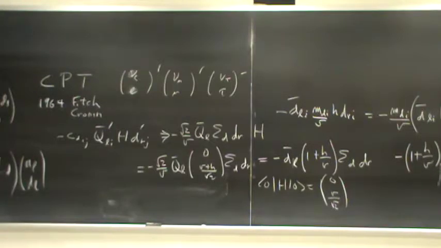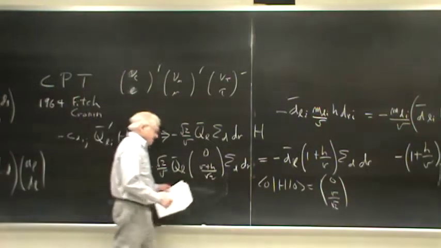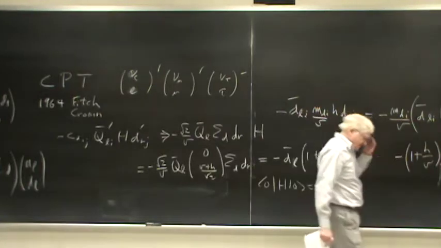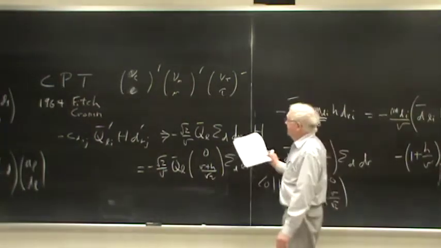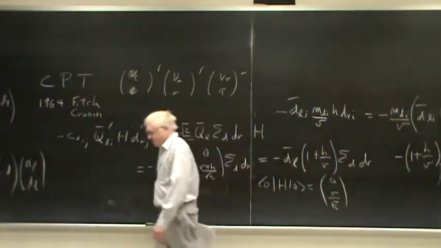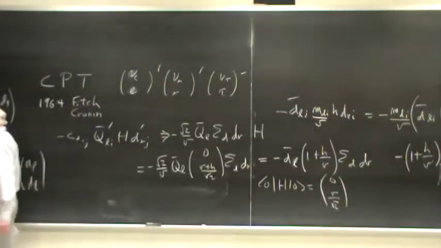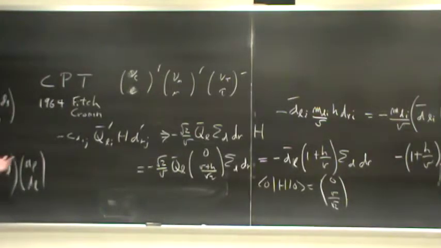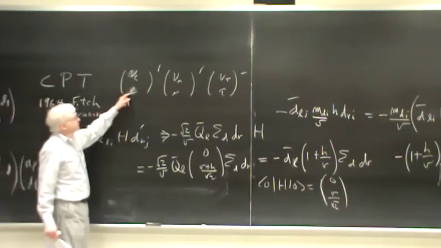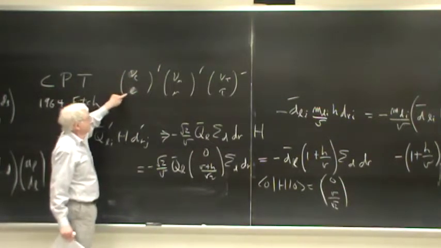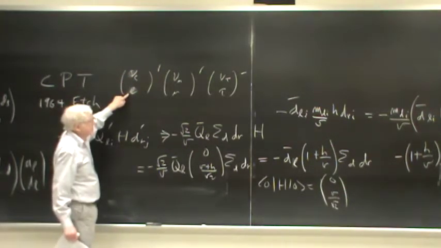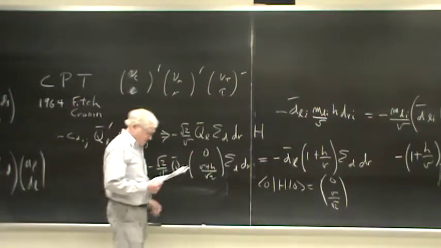For a while, in fact, until maybe 20 or 30, I don't know, 25 years ago, people thought that the flavor and the mass eigenstates were the same because the neutrinos were all massless, and we just had to worry about the charged leptons.